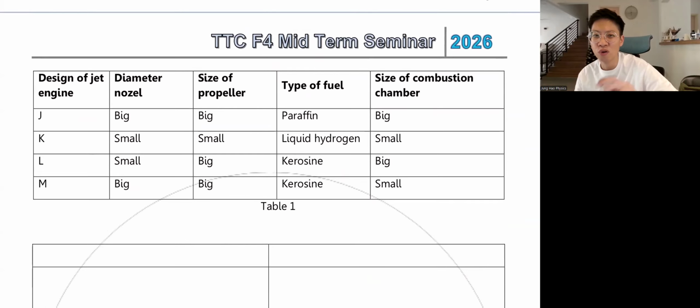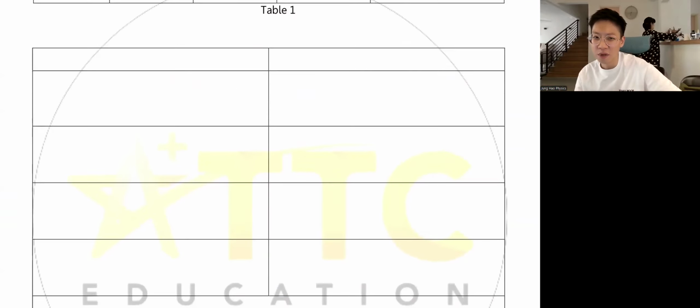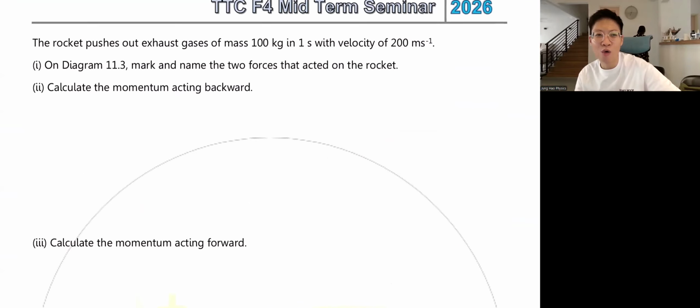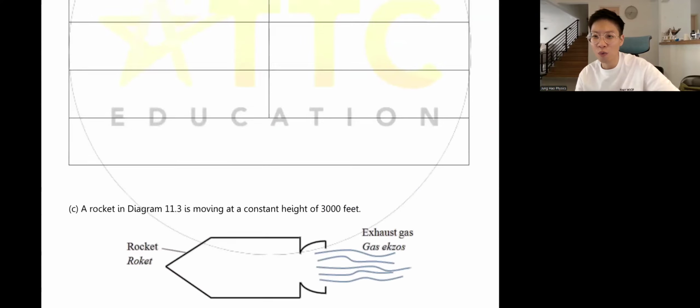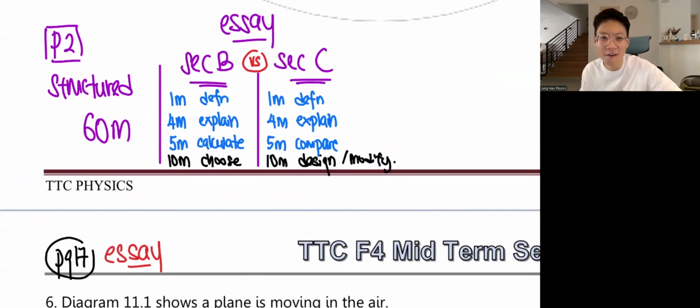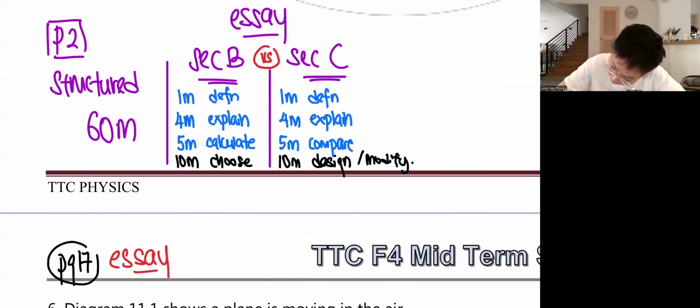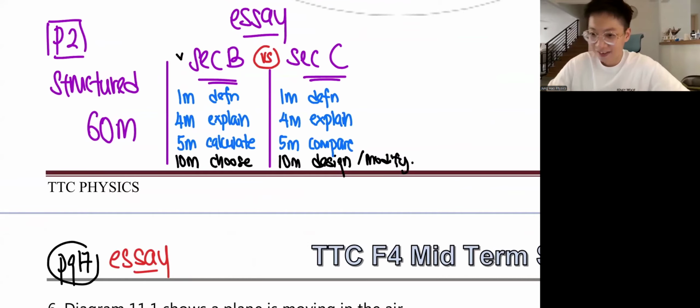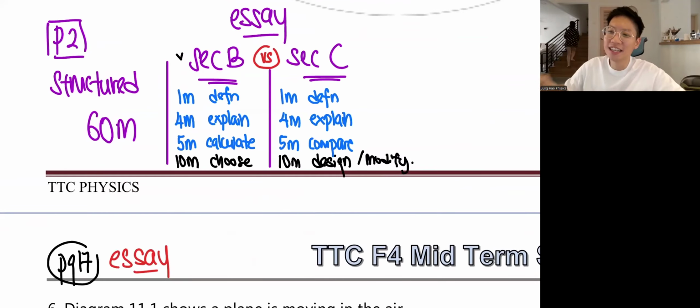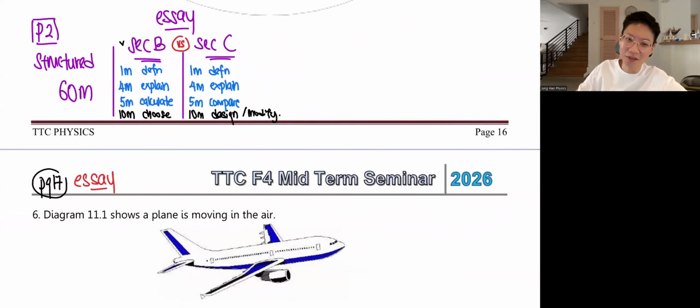Then we are going to do a choosing, and then a calculate. So what do you think this is? Obviously, it's section B. Now, I tell you a secret first. Section B is easier than section C. Okay, let's do this together.